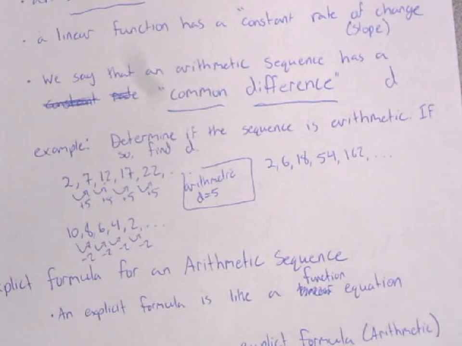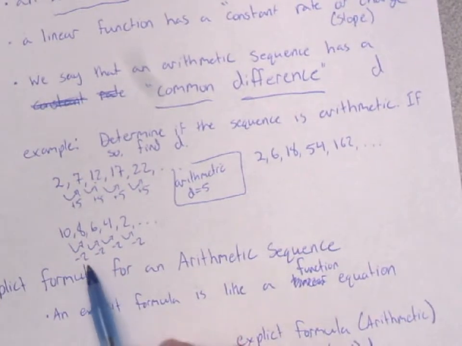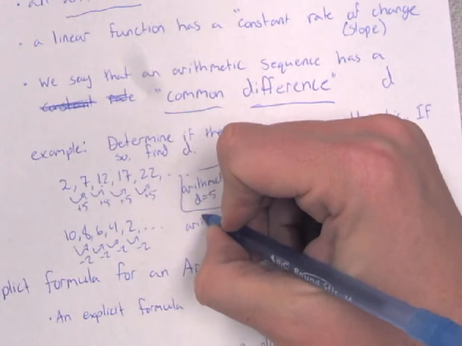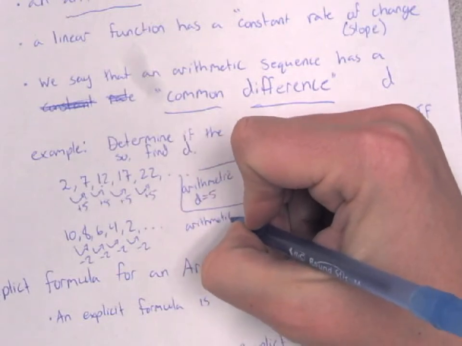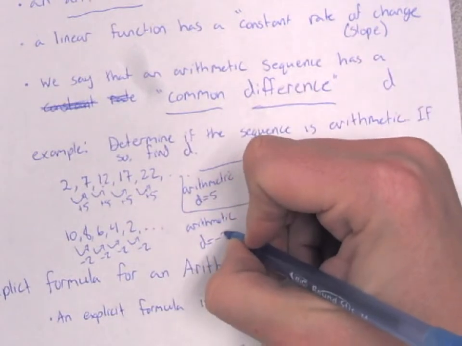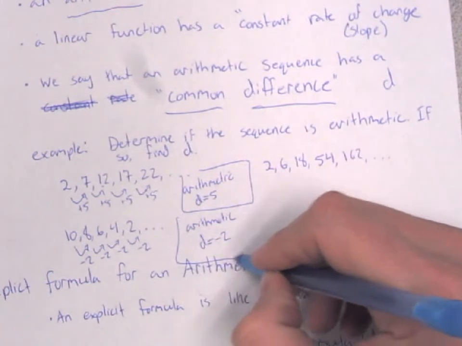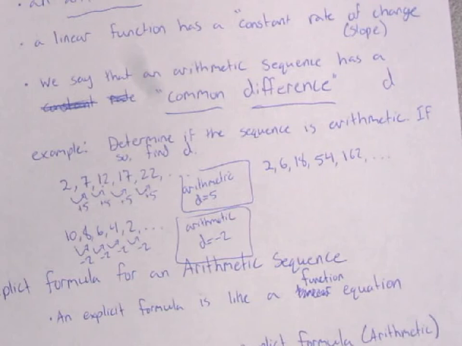We still have that constant rate of change, so adding and subtracting is cool. We could even write +2, +2, +2, +2. Technically, we could still say we're adding the same number every time, we're just adding a -2. So this is arithmetic, but we say d is equal to -2. It's going down, so the common difference is negative on that one.